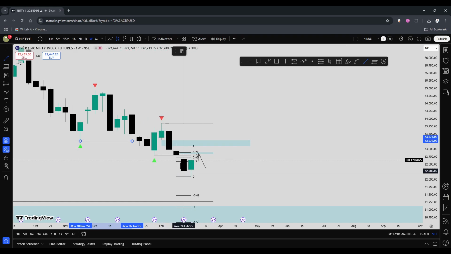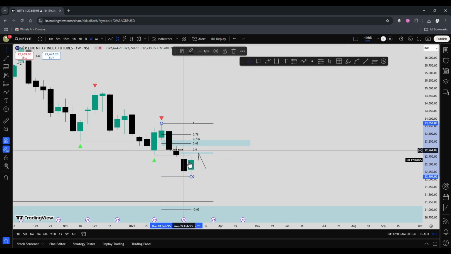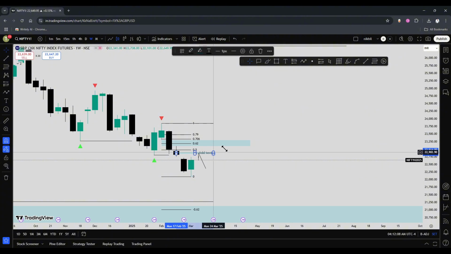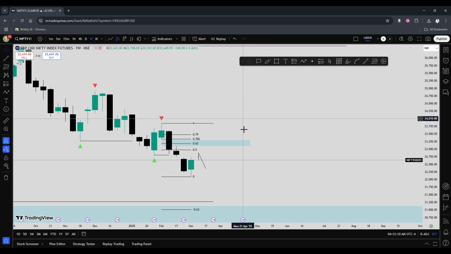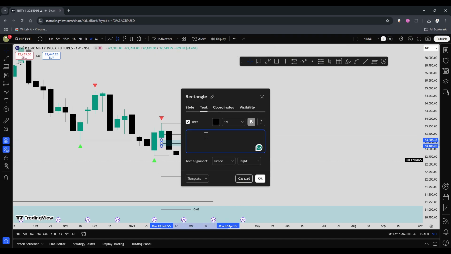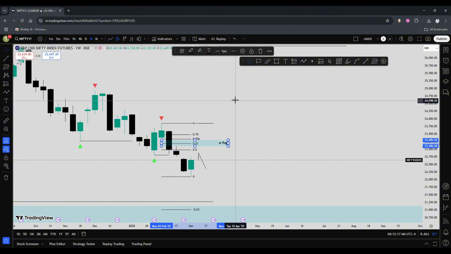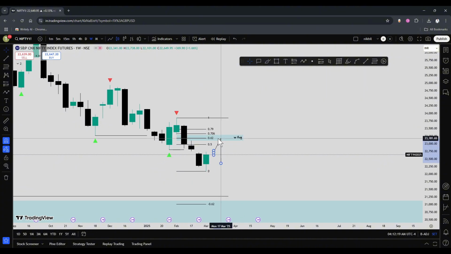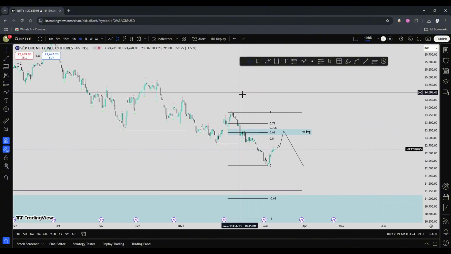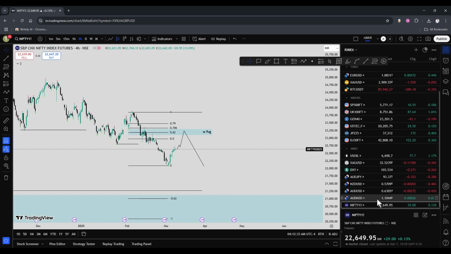So this is a current break of structure on a weekly time frame, as well as I have a weekly fair value gap right over here. So we can expect a pullback inside this weekly fair value gap, and then price can continue bearish from there. After looking at confirmation on the 4-hour time frame, I can look for more entries.